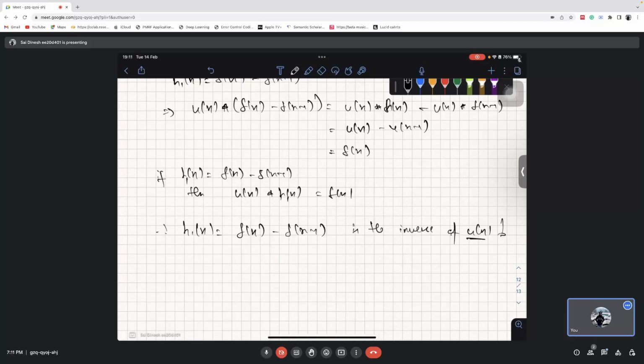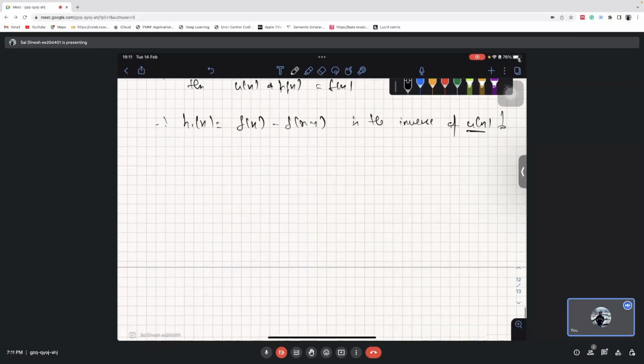So yeah, and next would be the causality of the LTI system.